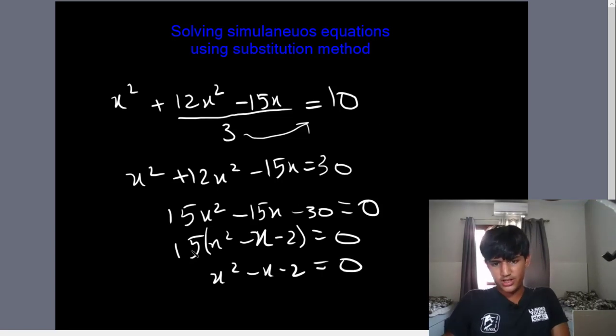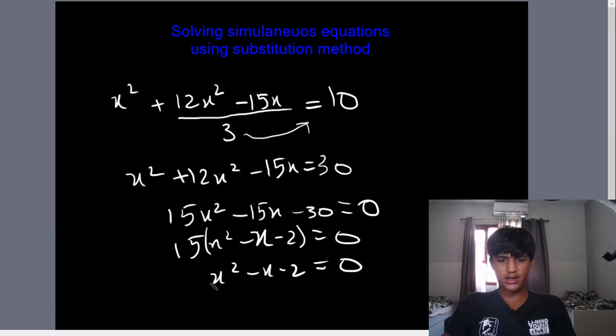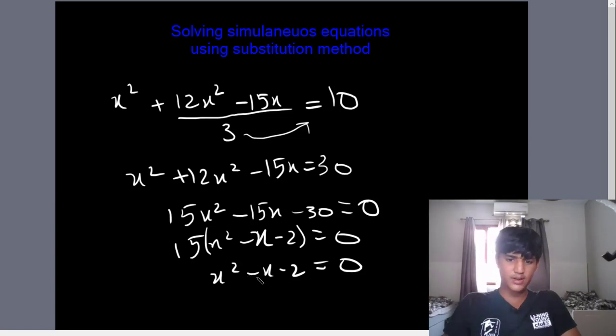The middle term breaking for this will be: if you multiply minus 2 with the coefficient of x, we're going to get minus 2, and we need two numbers that when summed up we get minus 1, and when multiplied we get minus 2.